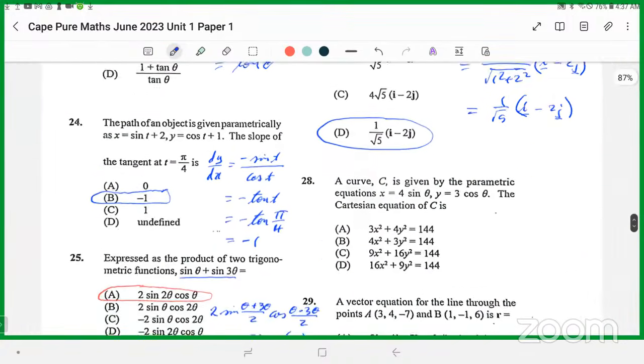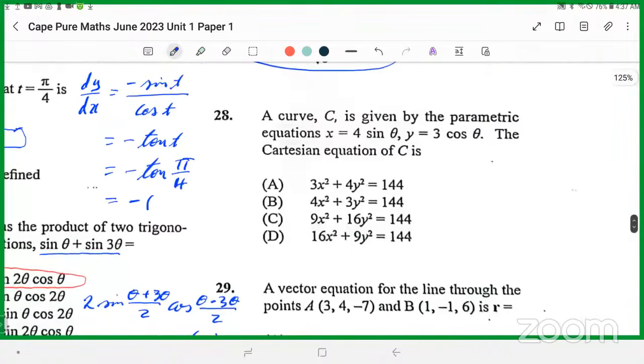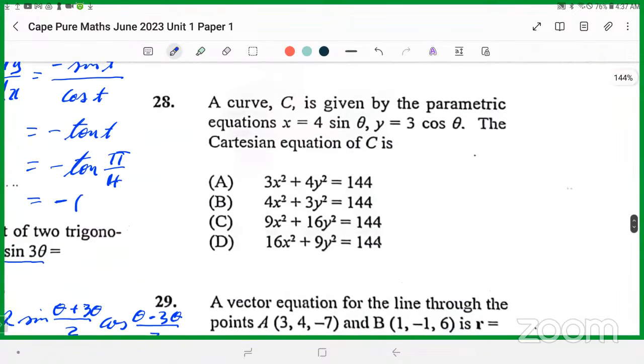Easy. This one says curve C has parametric equations, this and this. Cartesian equation. This is almost like a repeat, because you're just going to use sine squared plus cos squared equals 1, right? Sine squared theta plus cos squared theta is equal to 1.